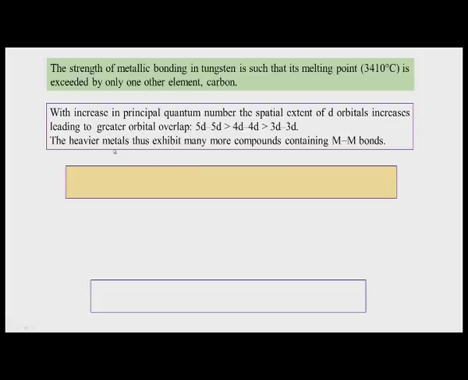So, heavier metals thus exhibit many more compounds containing metal bonds. Which is also true, although we will not have that much time to discuss the compounds having metal bonds, we are talking about the metal interactions in the metallic bonding in the metal itself. So, there will be some discrete inorganic compounds where we can have metal bonds, and sometimes we can have metal multiple bonds.